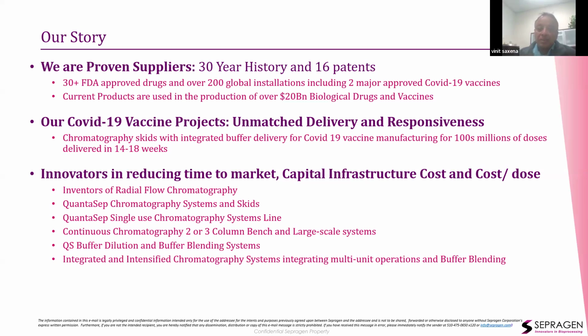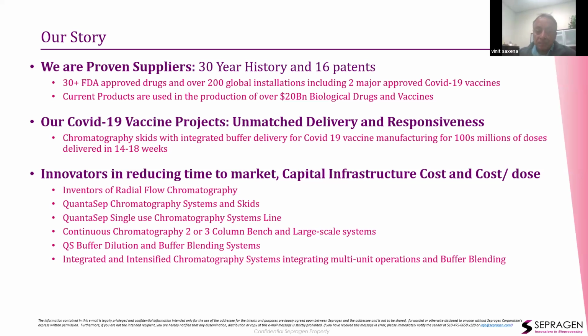And our products are used in 2 major approved COVID-19 vaccines. Not some people who are developing a vaccine in the lab, but vaccines that have been administered to over 100 million people. So our current products are used in the production of $20 billion worth of biological drugs and vaccines.